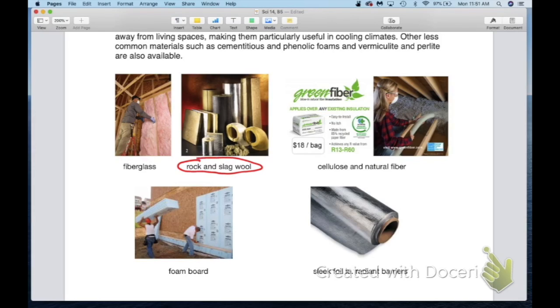There's also something like this, but it's more foamy, not quite as fibrous. I mean, they're fibrous, they just feel different. They feel more like fabric, and some of them have a tinfoil coating on them as well.